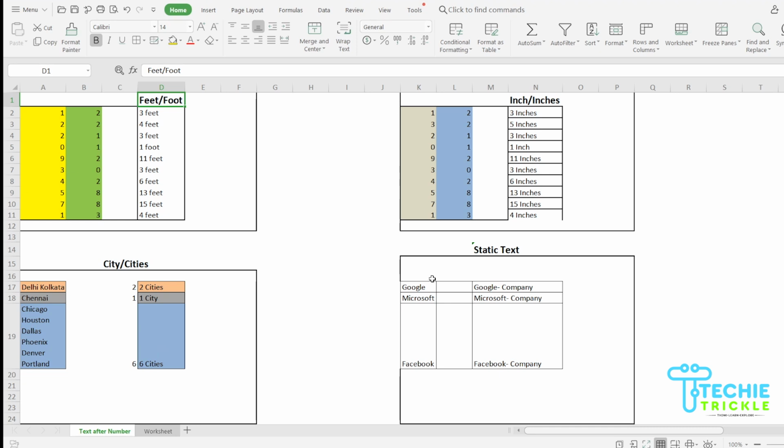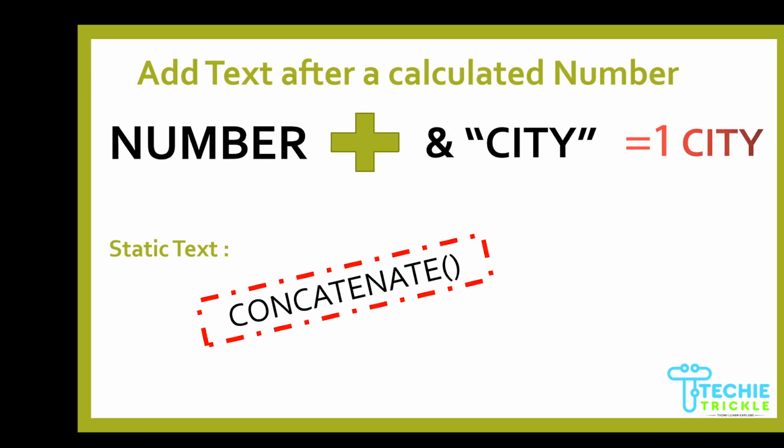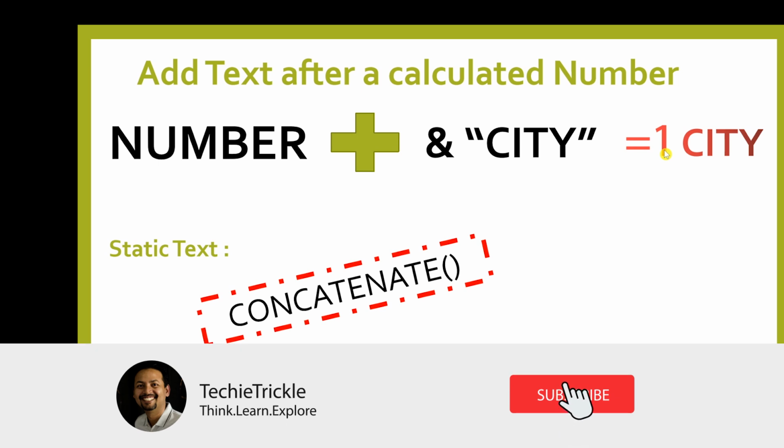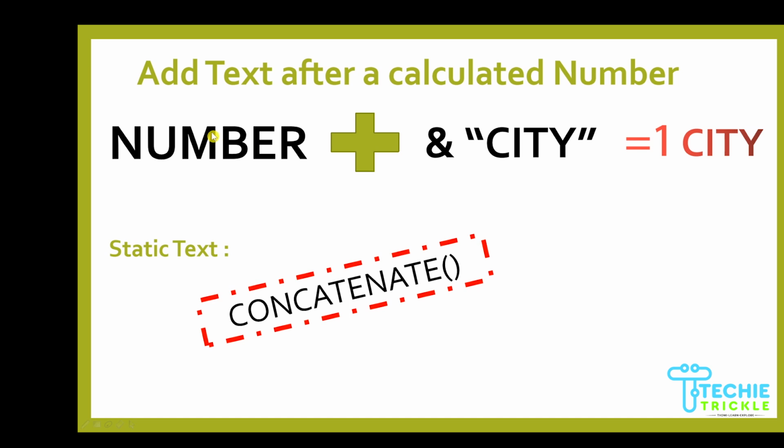Now to understand how you can do this, let's understand the concept. To add a text after a number, so if I want to have say one city, then with the number you just append an ampersand sign, and with it you have to give in quotes the text that you want to derive.